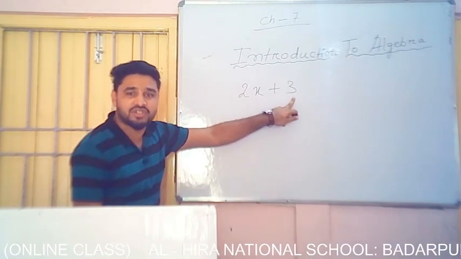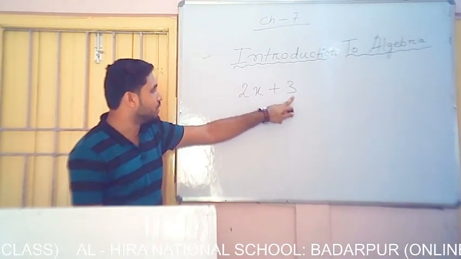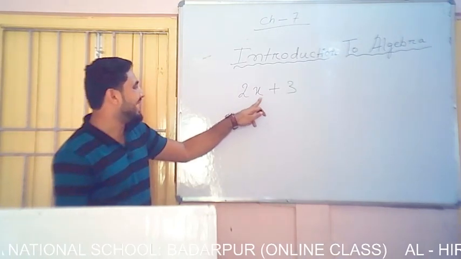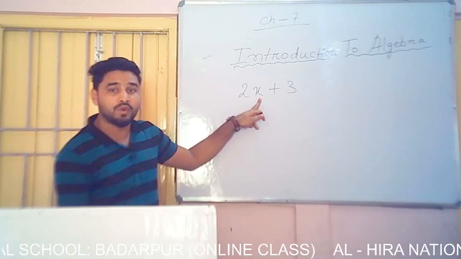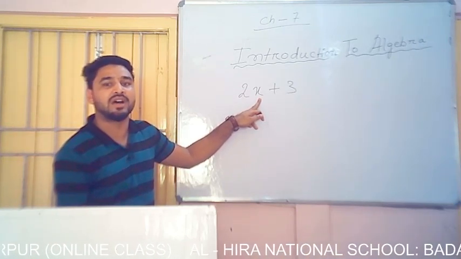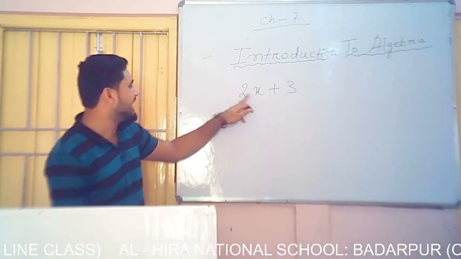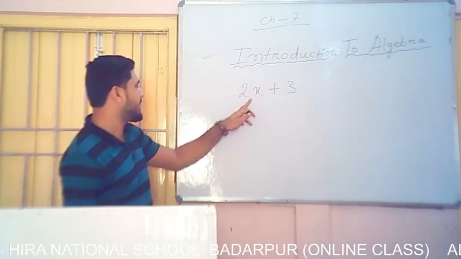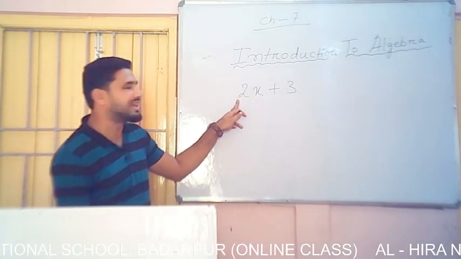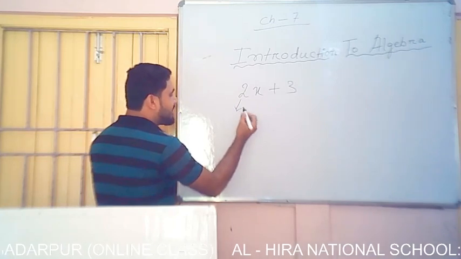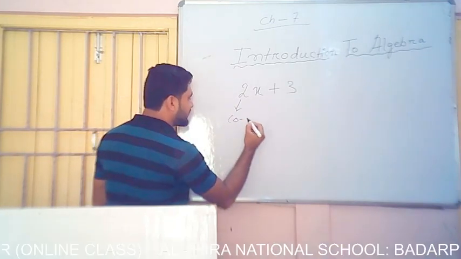Here 3 is the constant whose value is fixed and does not change, and x is the variable whose values change within the context of the mathematical problem, and 2 is the coefficient which is placed before the variable with a relation of multiplication. So 2 is the coefficient.